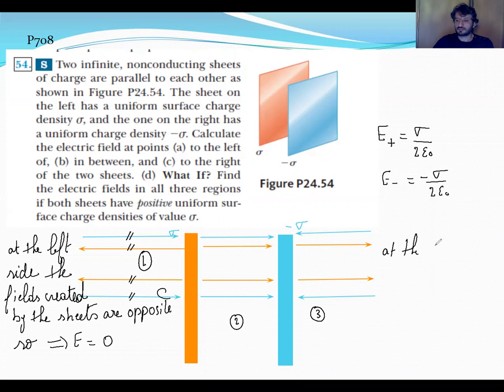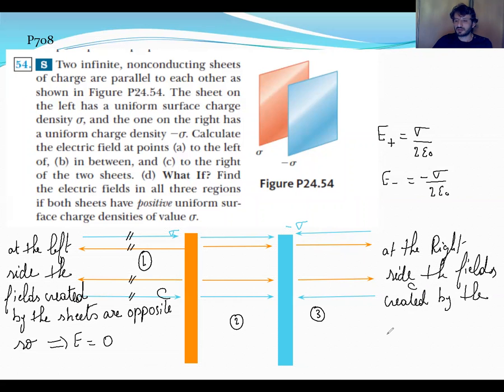At the right side, the fields created by the plates are opposite, so E equals 0. Here we have E left and here E right.